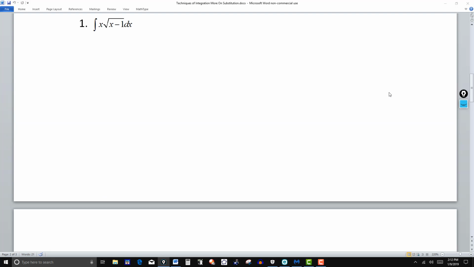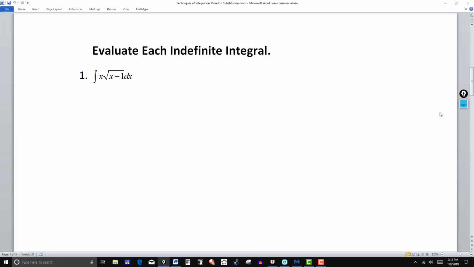So we'll have then, this is going to equal to the square root of x minus 1, that's going to be u, and then x, I'll put it over here on this side, x, then using the substitution, would be u squared plus 1.